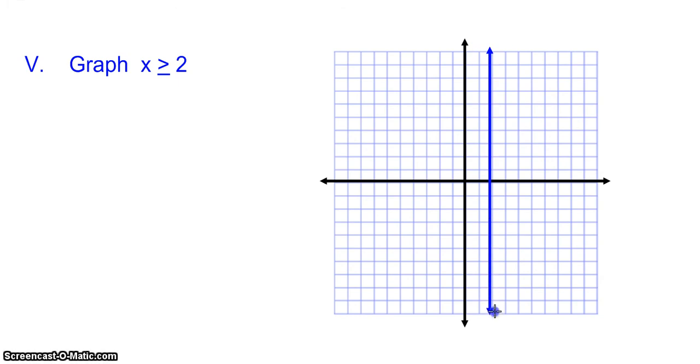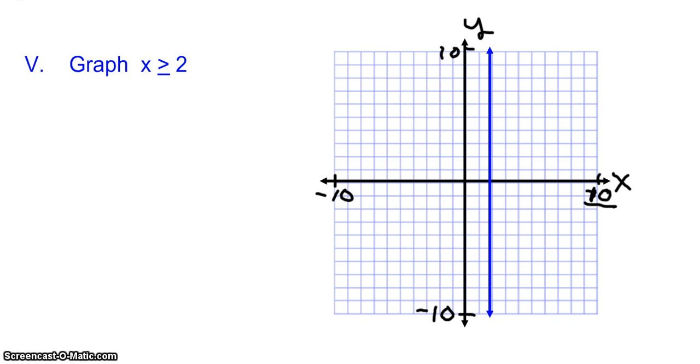On 2. Good. Okay, so there we have a solid line. We have our boundary line.